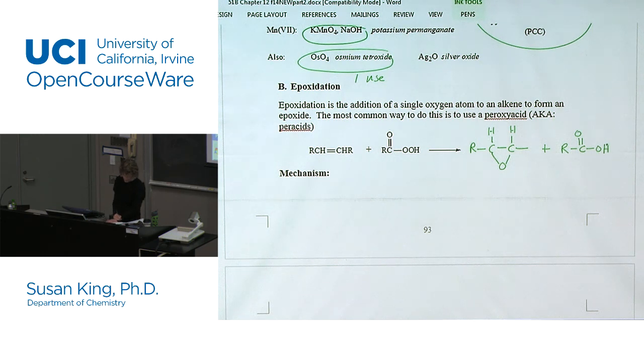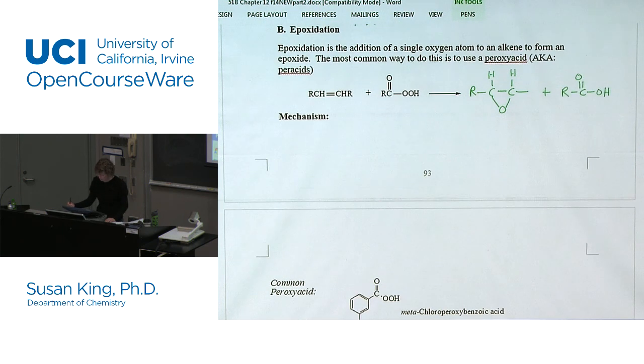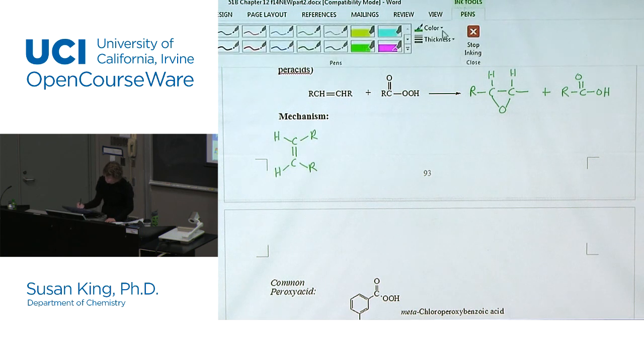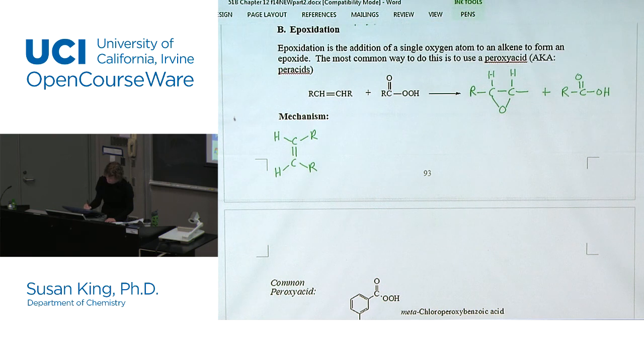The mechanism is not on the test, but I'll show you because some people like the mechanism. They like to see it. It makes more sense if they see it. So here's what the mechanism looks like. Here's our alkene. And just in case you don't remember when you come back to this, let's just write that. Mechanism not on test.